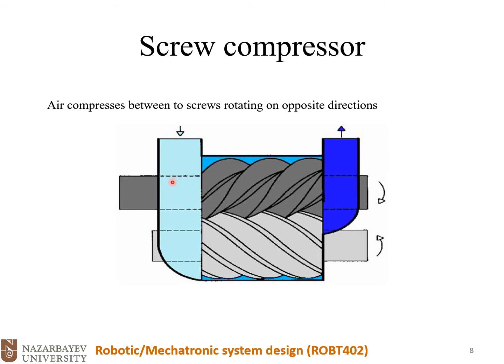And we are sucking air here through this port, and air goes between these 2 screws. The volume decreases as we go forward, and by decreasing volume we could increase the pressure.